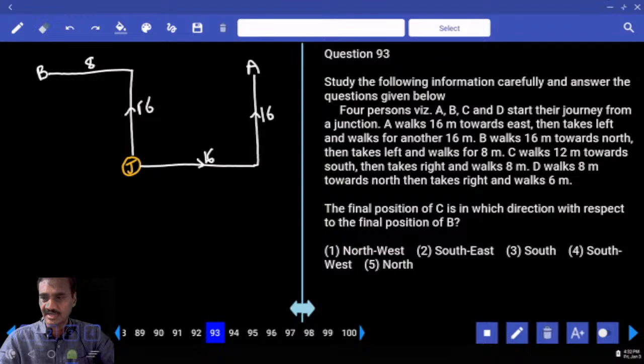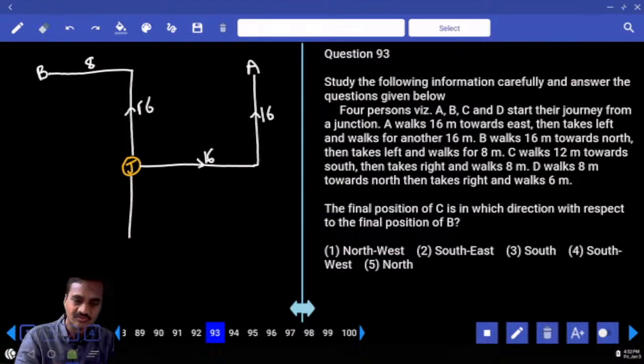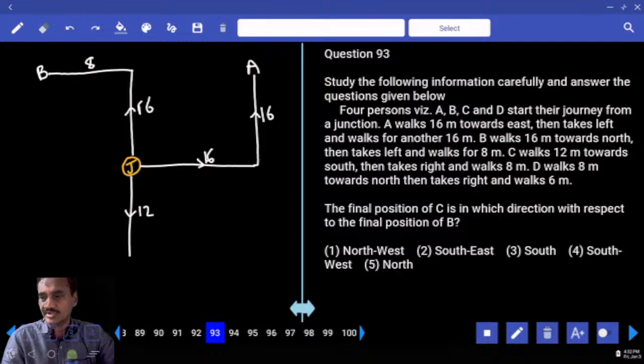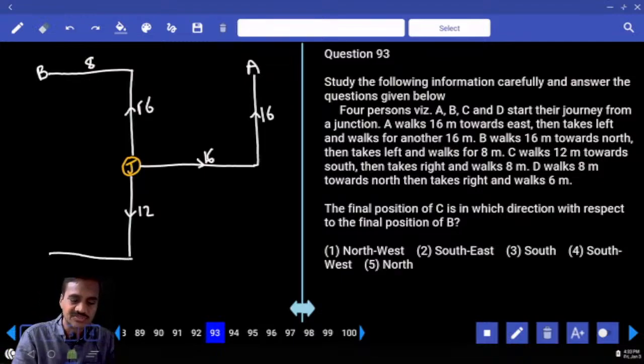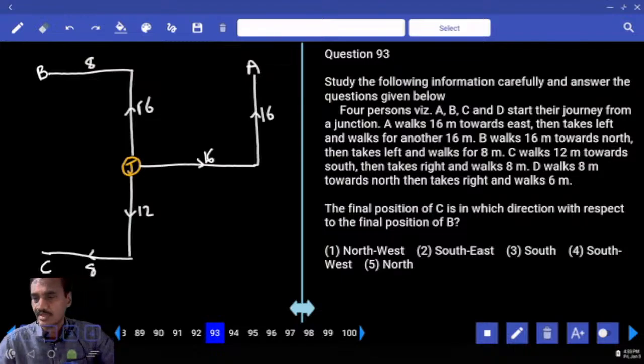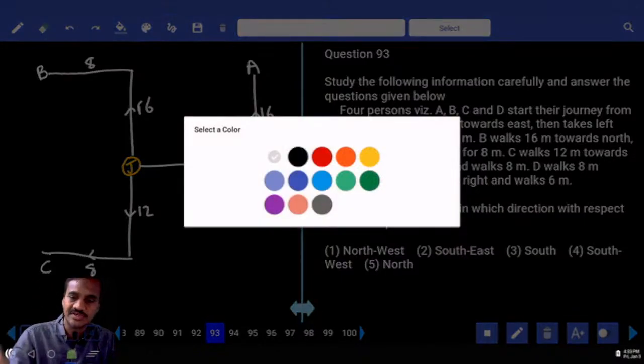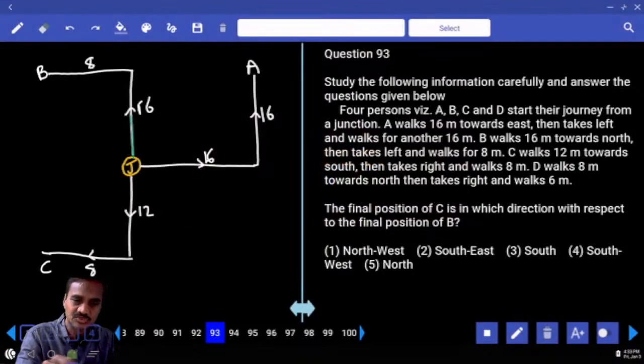Then C walks 12 meters towards south, then takes right and walks 8 meters. Now this is C. That means B and C are in a vertical straight line. Then D walks 8 meters towards north.